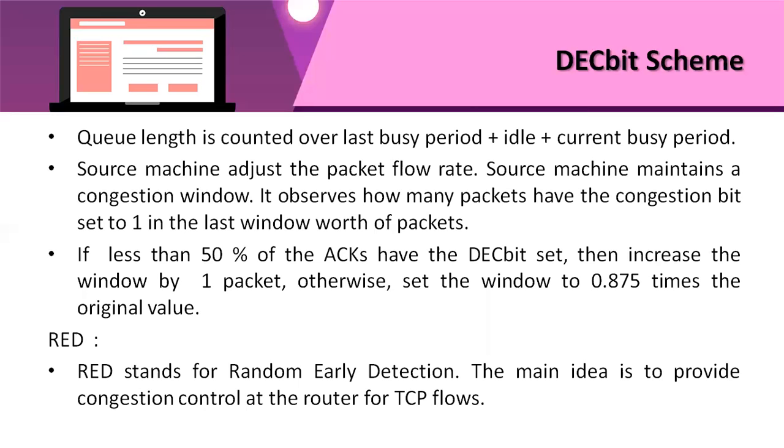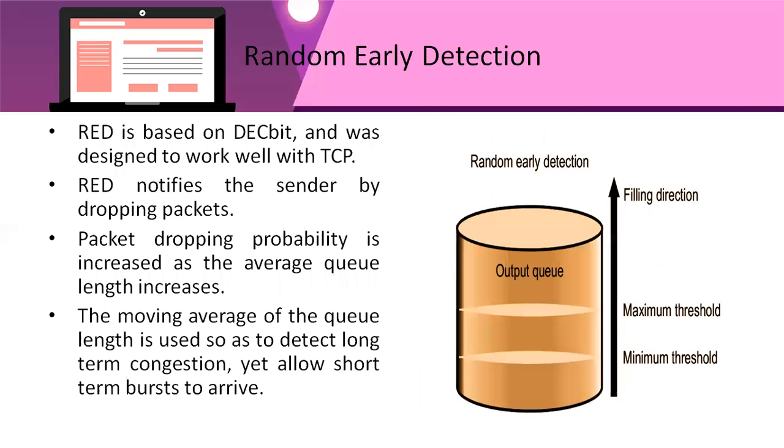The second type of congestion avoidance is RED. RED stands for random early detection. The main idea is to provide congestion control at the router for TCP communication. Random early detection was developed from the DEC bit scheme, and it was designed to work well with TCP.